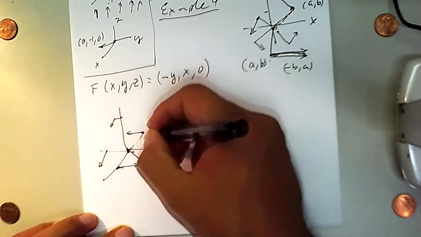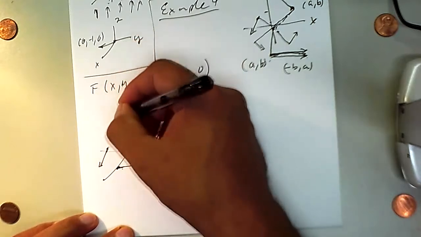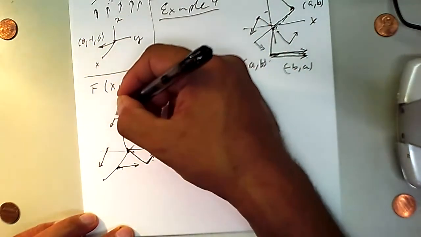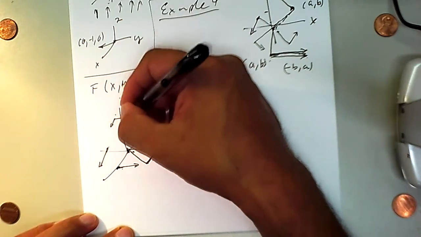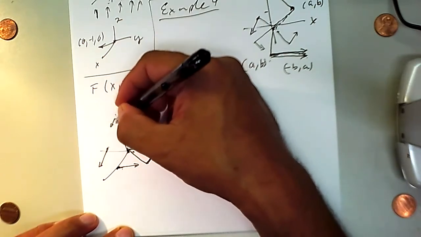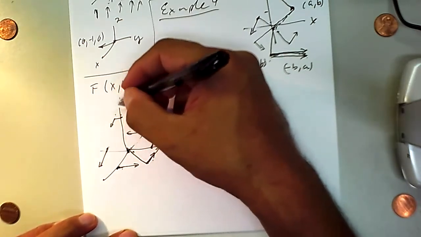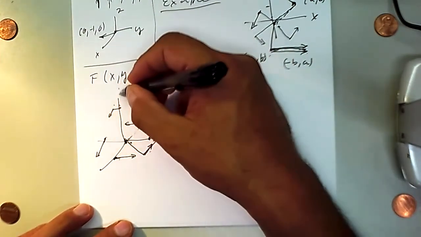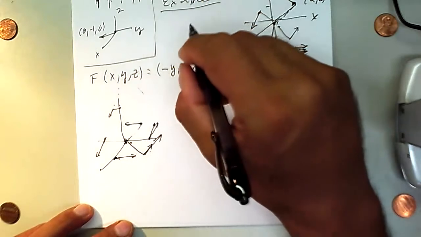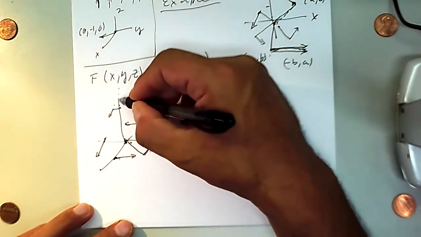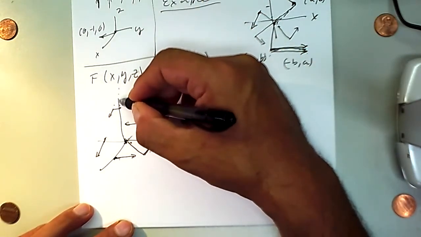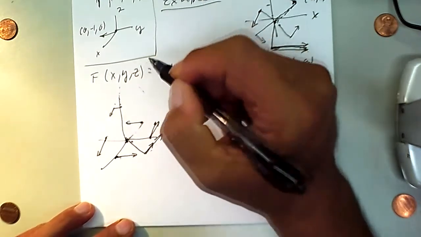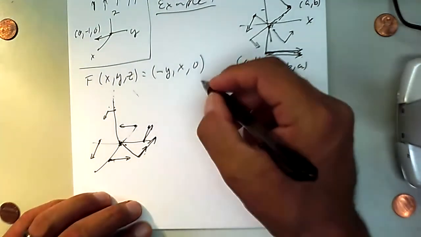So the vectors at any given point go around, and the closer the point to the z-axis, the smaller the circle that goes around. And the farther away, the larger the circle. And the axis of rotation will be z. So without doing work, I expect the curl to be parallel to the axis of rotation, which would be z. Well, let's see if that is true.